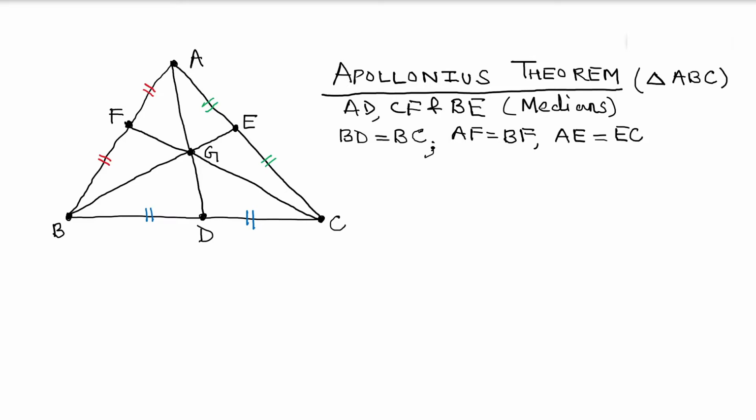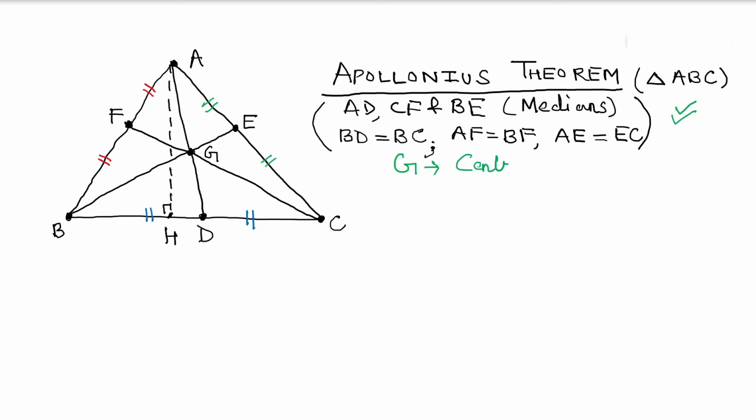Okay, once we have done this, what is next that we are supposed to do here? Let me drop a perpendicular. Let us say the perpendicular that I have dropped is from the point A onto the line segment BC, and the foot of the perpendicular is H. Now when all these things hold good, we can say that G is the centroid.